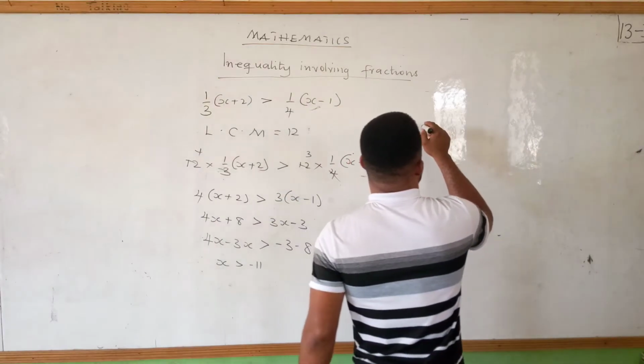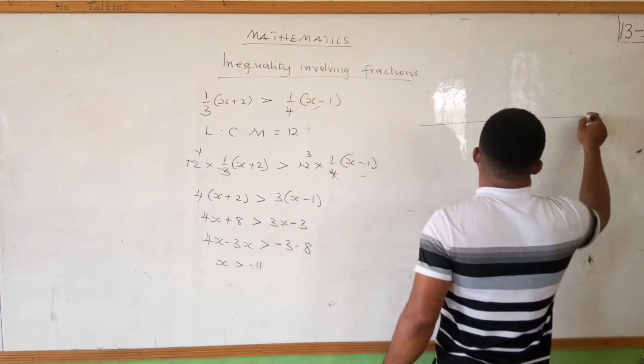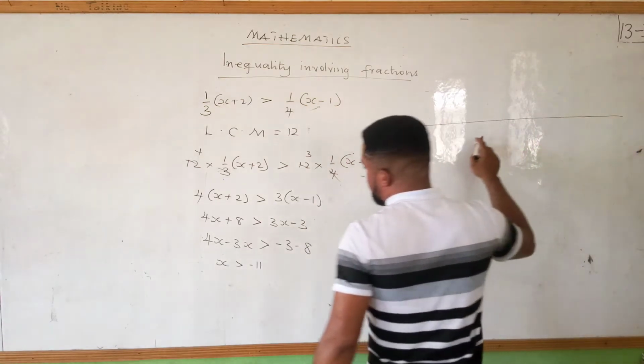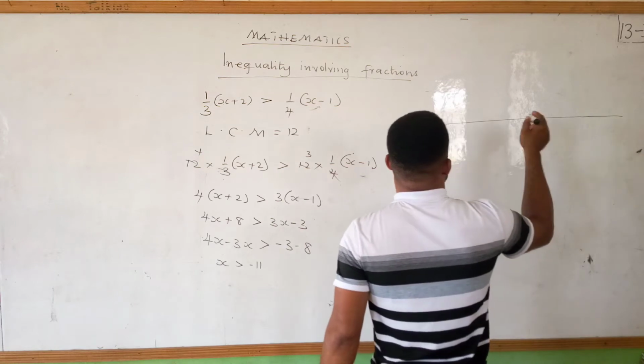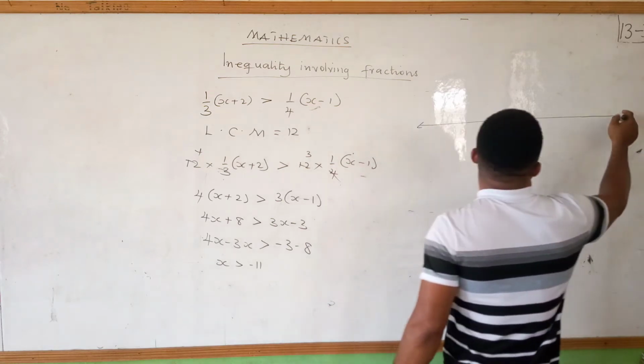Now we can put it on a number line. So we say that x is greater than negative 11. So this is our number line.